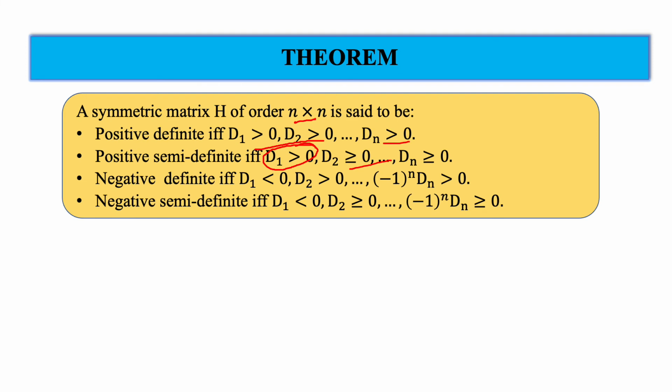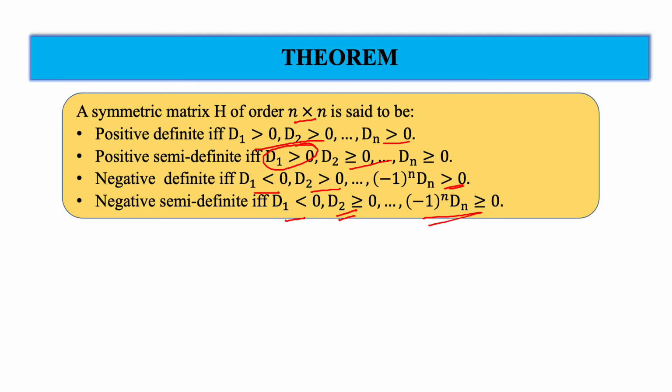It will be negative definite if and only if D1 is less than 0, D2 is greater than 0, and so on, that means minus 1 to the power n times Dn is strictly greater than 0. And negative semi-definite if D1 is less than 0, D2 is greater than 0, such that this quantity is greater than or equal to 0.